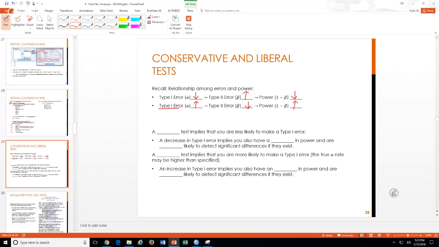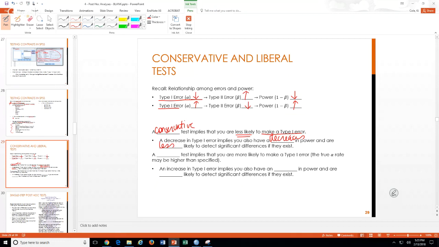So here, a conservative test implies that you are less likely to make a type 1 error. But that decrease in the type 1 error rate also does what to your power? It decreases in power and you are less likely to detect significant differences if they exist.